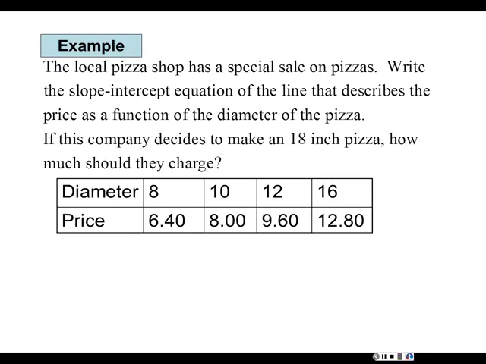I'm sorry, 14.4. So the price of the pizza is predicted as $14.40. Again, that is a prediction, because they will probably keep their price close to $14.40. It may be something else or close to that.